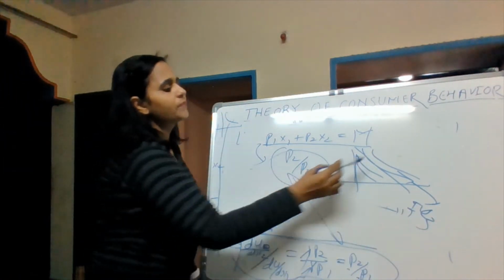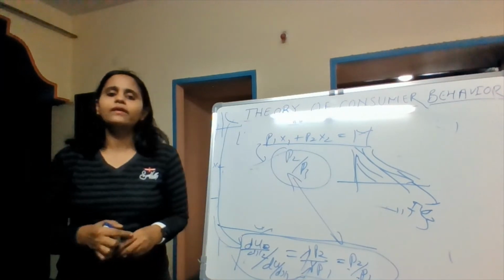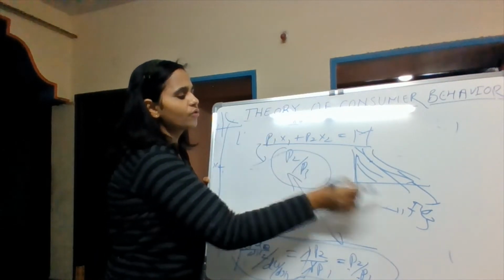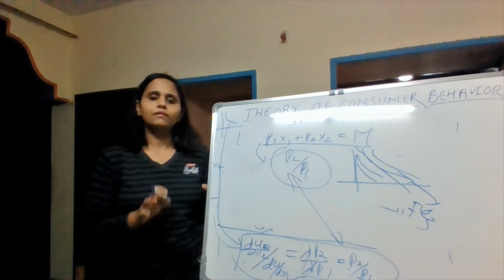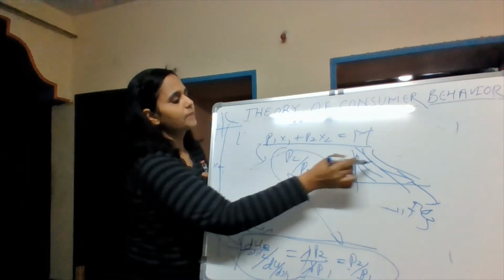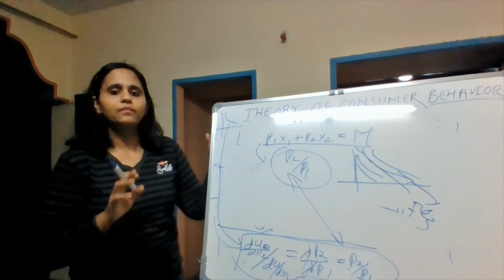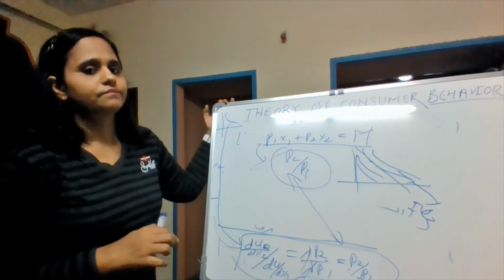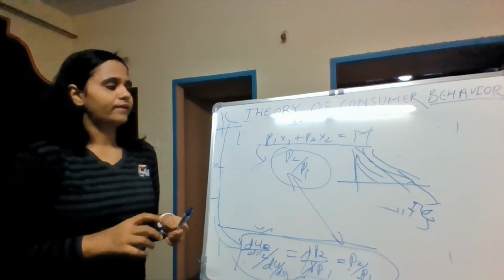Out of the multiple curves, you are deriving the slope, and a curve which has slope equal to your budget constraint is the ultimate curve for you, the maximum utility for the consumer. That is how you maximize the utility.